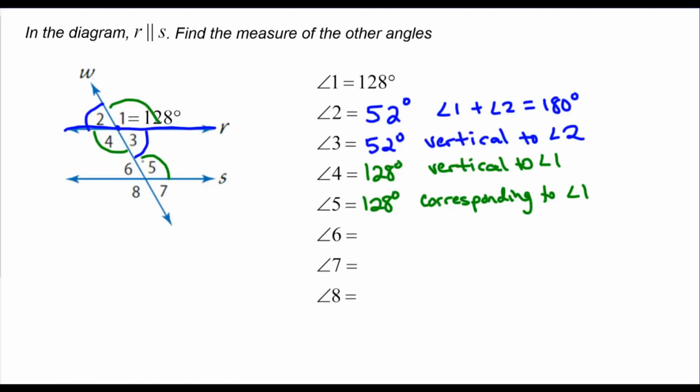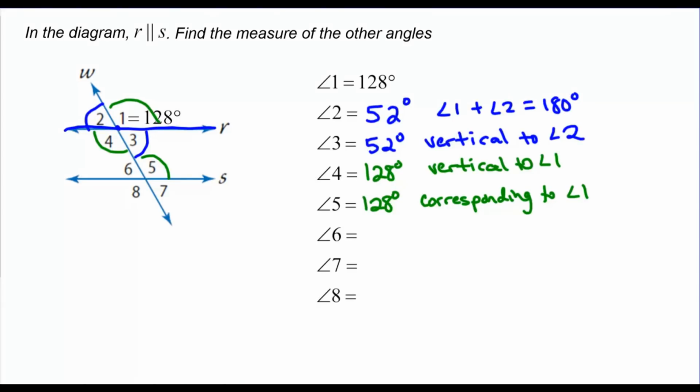Or it's an alternate interior angle to angle 4. Angle 4 and angle 5 are alternate interior angles. So that's another way we could prove that it's 128 degrees. So lots of ways we can do this. Now you can see there are really only 2 angle measures in this whole diagram. We just have to figure out whether it's going to be 52 degrees or 128 degrees based on the angle relationships that we know.